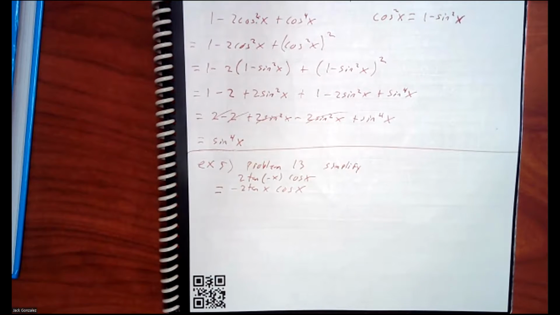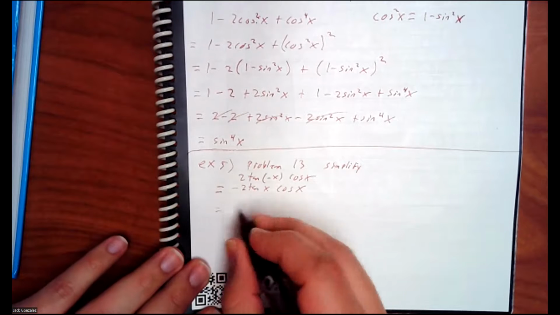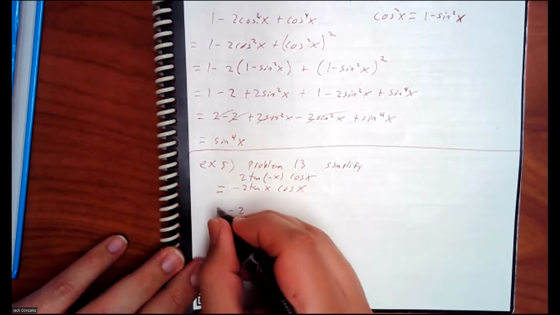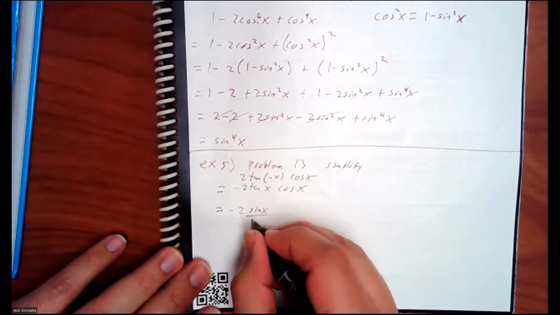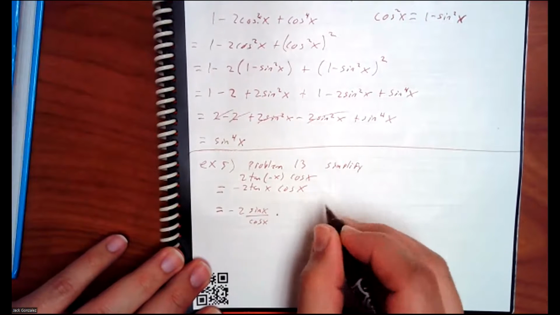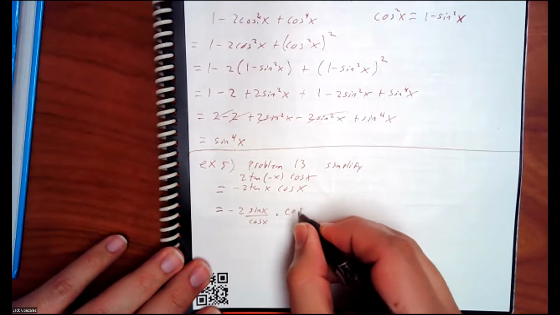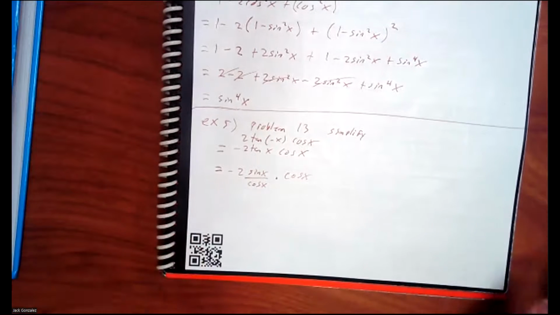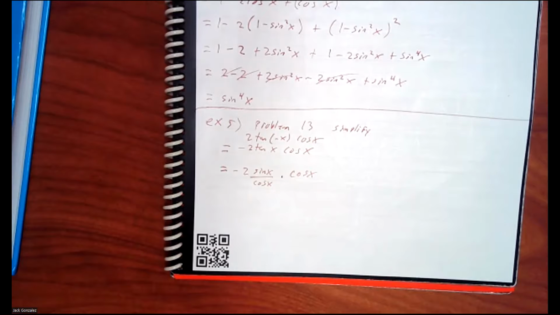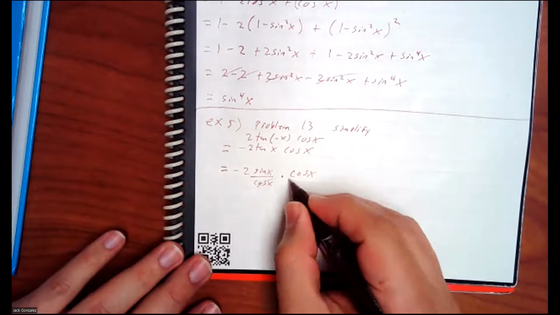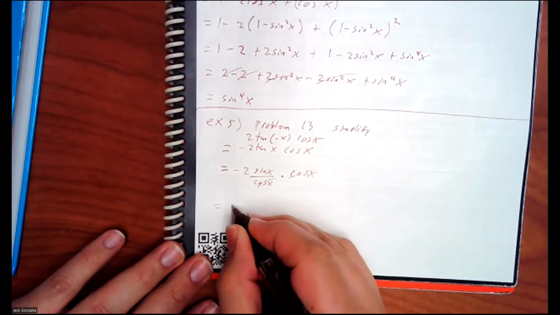So now let's do the quotient. Quotient says that tangent is what? Sine over cosine. Do you see what will happen now? What happens to the cosines? They're going to cancel, right? So we get negative 2 sine x.